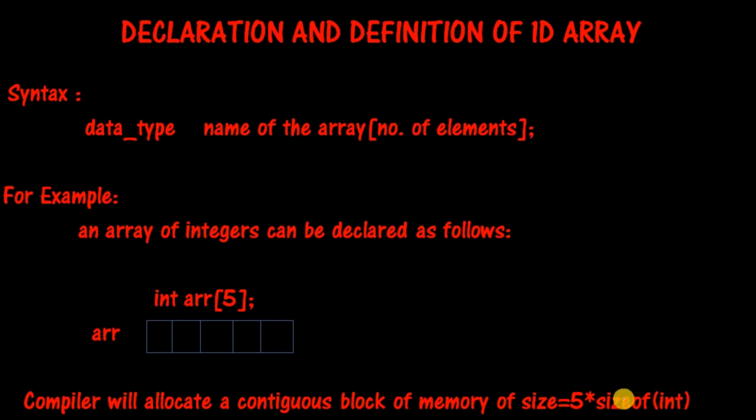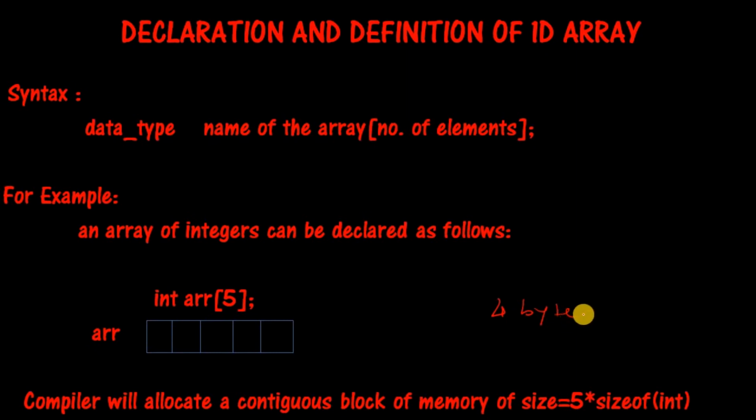Definition means the compiler will allocate some memory, and the size of this memory is 5 into size of integer. Why is it 5 into size of integer? Because this array consists of 5 integer values, and the size of integer here is 4 bytes.